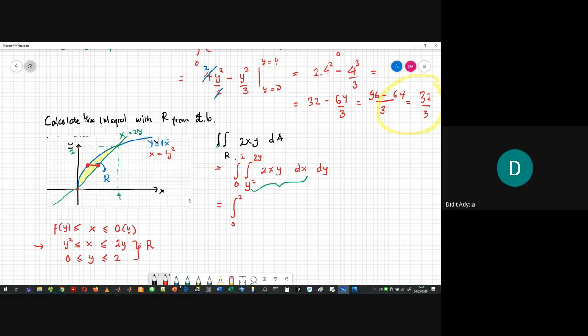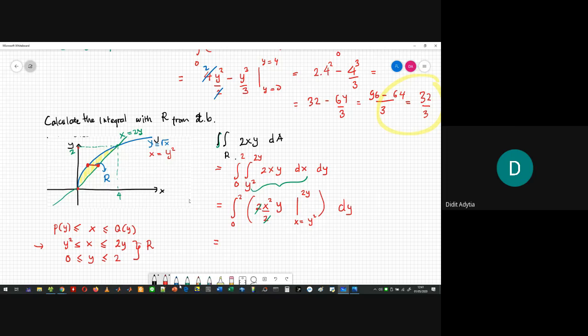If we integrate with respect to x, what do we have? X squared over 2, and then this is vanished. And then, sorry, this is y, and then the x itself is from y squared until 2y. Then this is still the integration in the y.